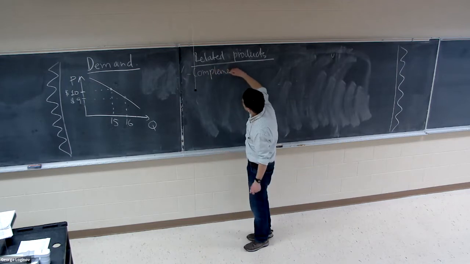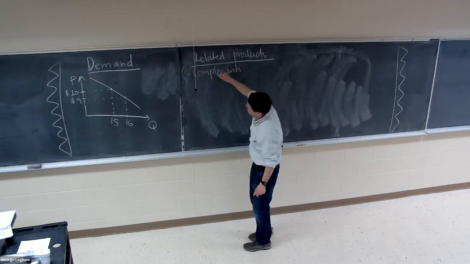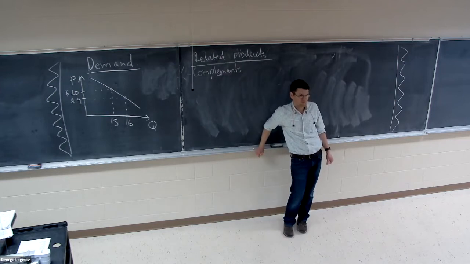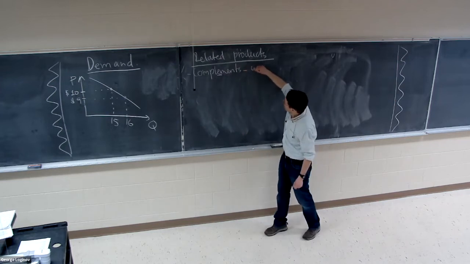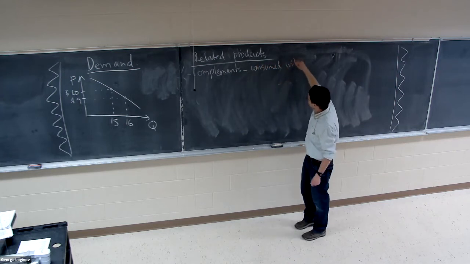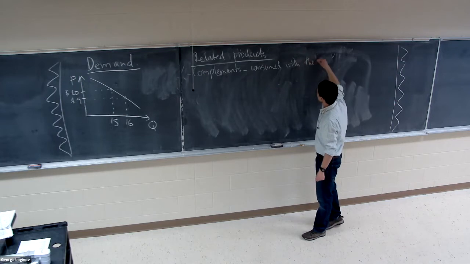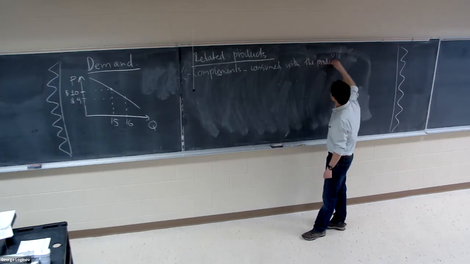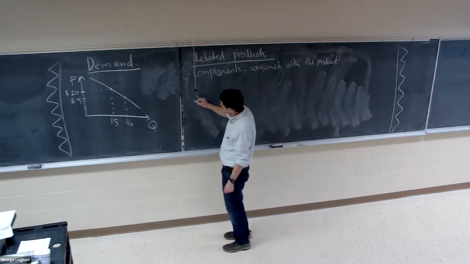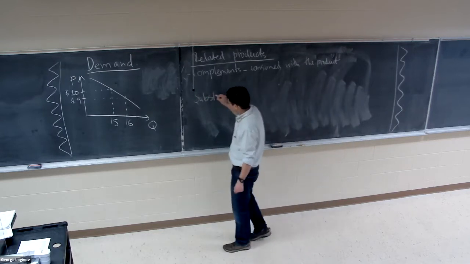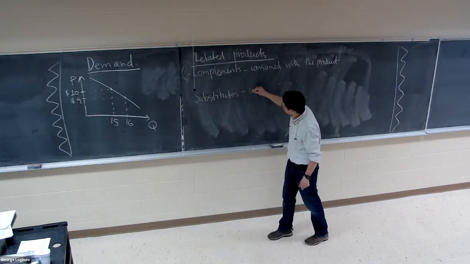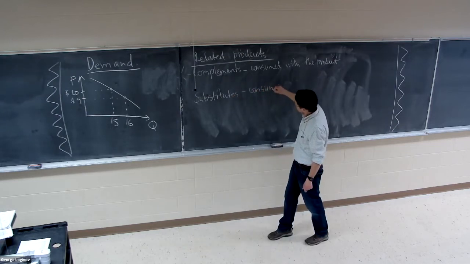And notice the E in the middle, not I. Complements, complementary goods, consumed with the product. And then there are goods that are called substitutes, consumed instead.